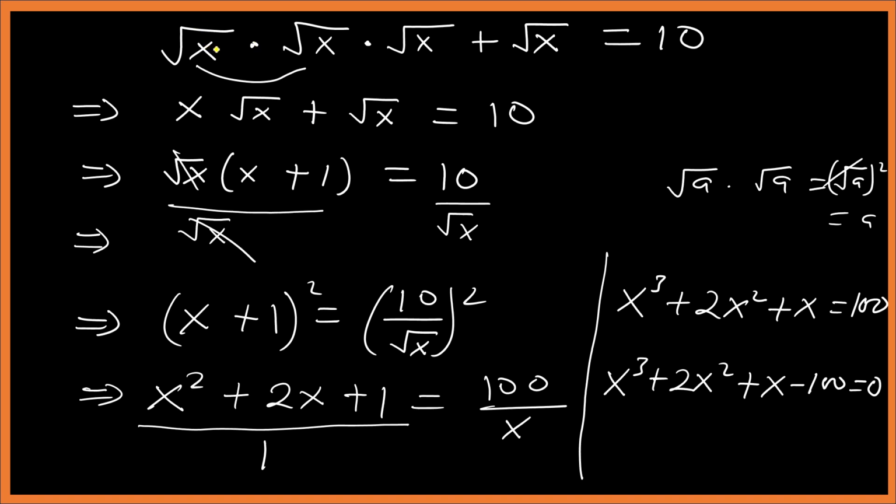So we have 4 times square root of 4 times square root of 4 plus square root of 4. And this side will be 4 times 2 plus 2. So we have 4 times 2 is 8, plus 2, 10. Okay, that's that.